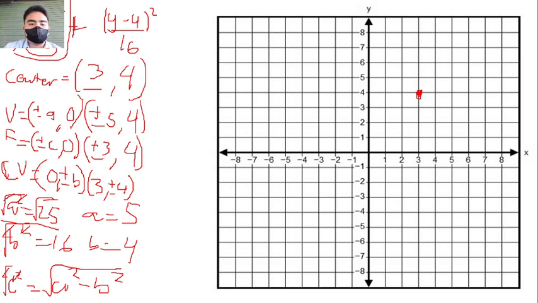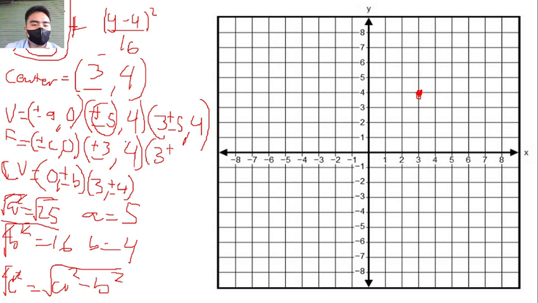Okay, I'll be writing it down. So, coming from your center, what is your center? It's 3. So, you're going to add 5 and subtract 5, then 4. Okay? Alright. So, what's your focus here? Your center is 3.